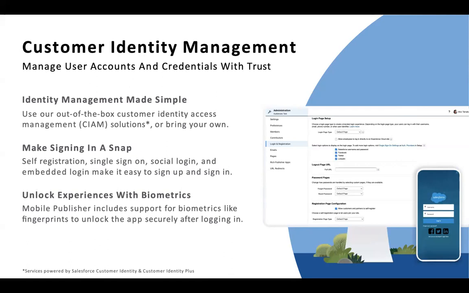You could use any of these channels to log into your Experience Cloud, very easy. You could also unlock the experience with biometrics. Because it's part of Mobile Publisher, it includes support for biometrics like fingerprint to unlock the app securely after logging in. So biometrics is not part of the normal Experience Cloud side; it is part of Mobile Publisher.